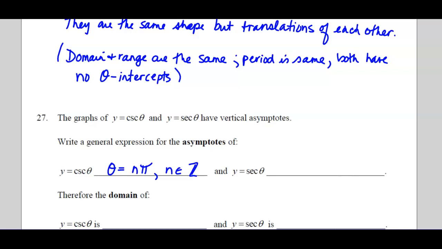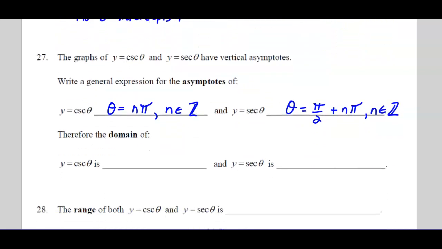For secant, it's where the original function y equals cos theta had theta intercepts. And remember, that was pi over 2 plus multiples of pi. Therefore, if those are the asymptotes, then for the domains, same deal, we just put a not equal to.